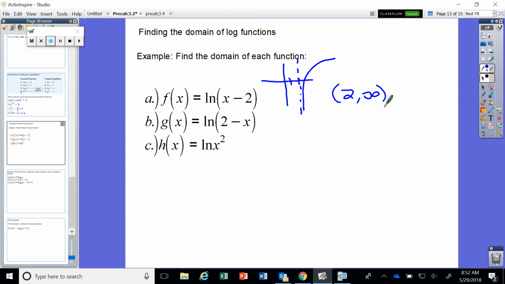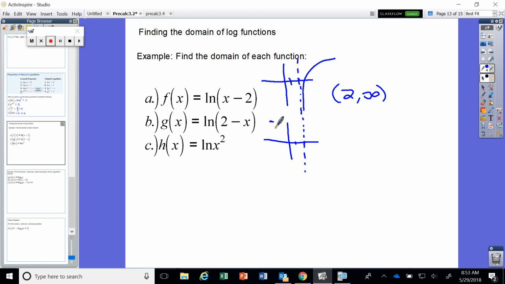What about for part B? Again, let's make a quick little sketch for part B here. 2 minus x. Well, I am negating my x value this time. Or basically, I've done the complete opposite of the one above. Well, that complete opposite should show what? Hopefully you realize that's a reflection over the same asymptote.